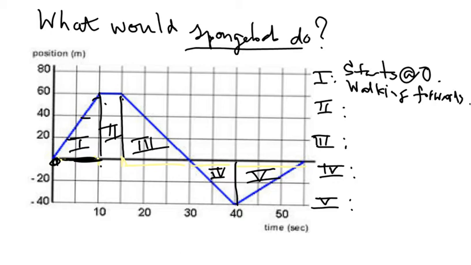And because it's a straight line, and you look at this graph and you realize it's totally straight lines, it's at a constant speed. Then we get to 10 seconds, and at 10 seconds, SpongeBob is at 60 meters. And then it looks like he's at 60 meters, and 60 meters, and 60 meters. So in this second time period, he's really standing still.